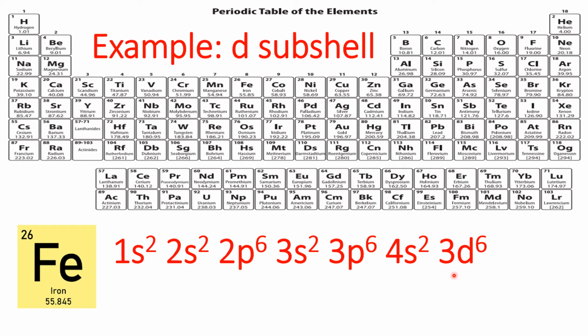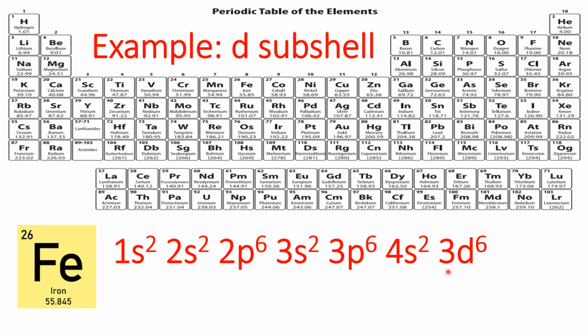Why is it 3d6? For your d subshell, it is always one less than the row it is in. Meaning, if you are in row 4 or period 4, it is always one less than the row. So it's 4 minus 1. So you will write 3, not 4.